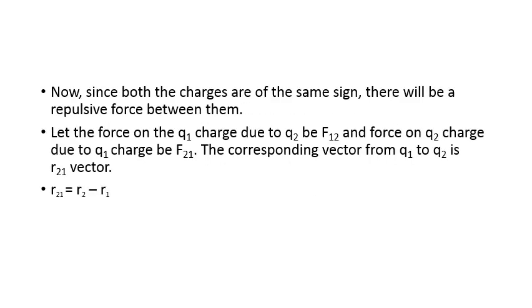Since both the charges are of the same sign, there will be a repulsive force between them. Suppose we assume that the force on the charge Q1 due to charge Q2 is F12, and the force on charge Q2 due to charge Q1 is F21.